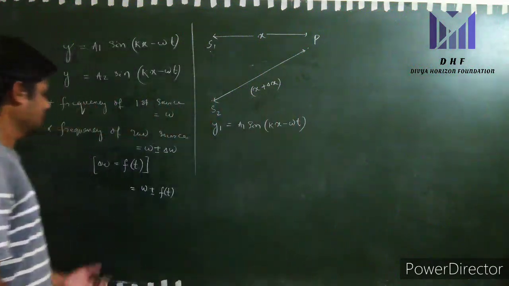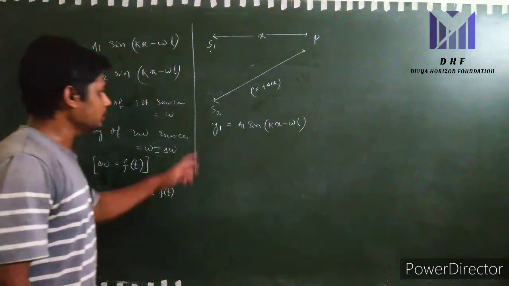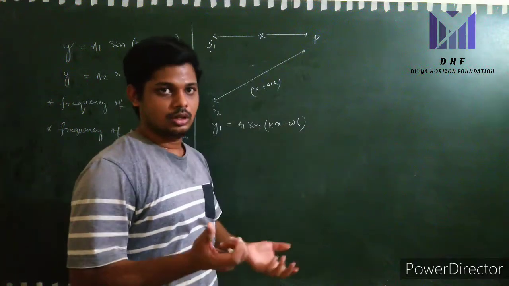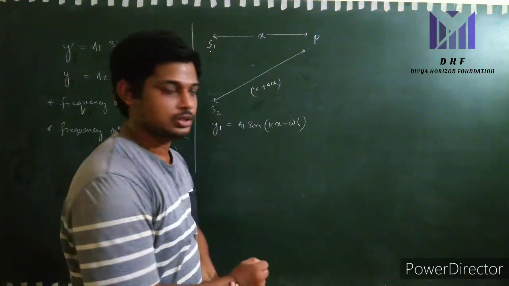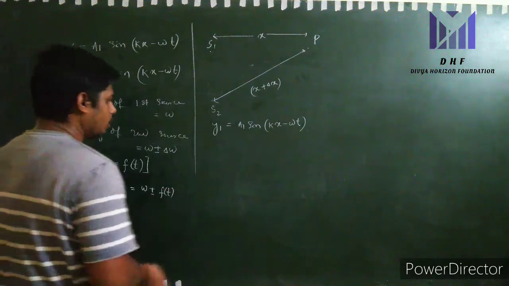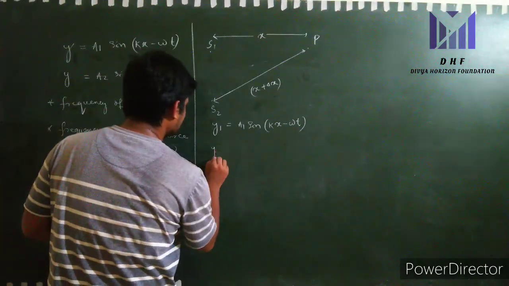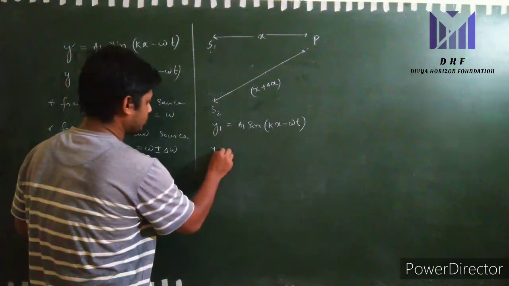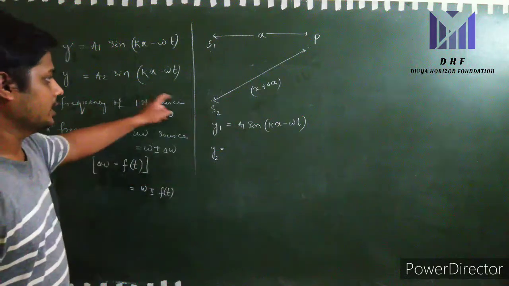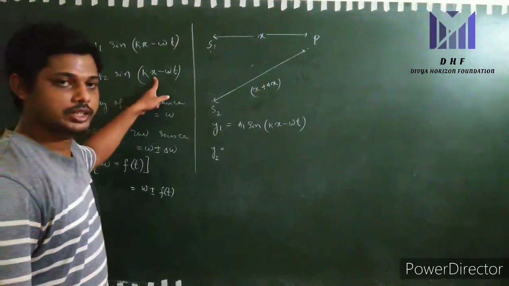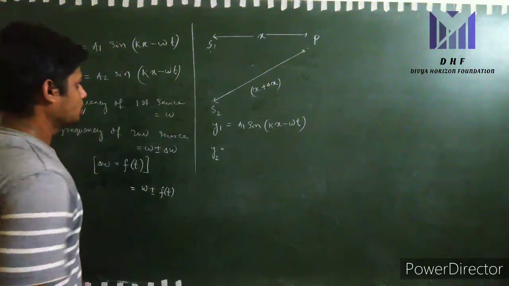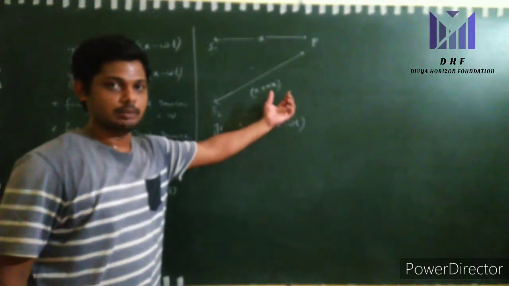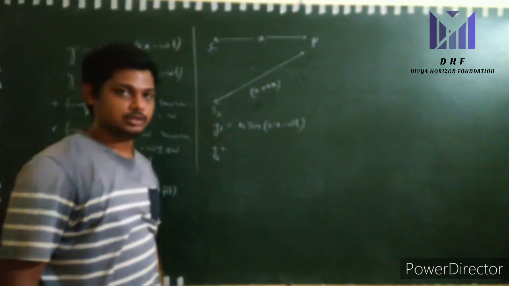This is okay. Coming to the second source, due to the influence of the second source, the particle at time t will be displaced by some distance, and that distance will be according to the second equation. The second equation says that whenever a particle is situated at a distance x, then it will be disturbed by this much value. So the distance here in this case is x plus del s, so we are going to replace x by x plus del s.